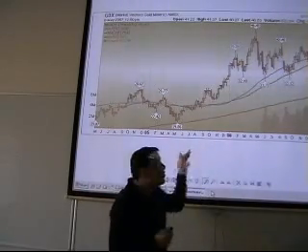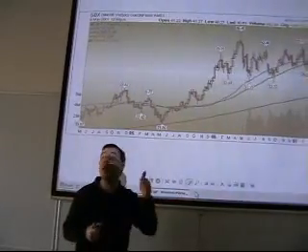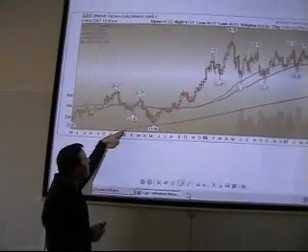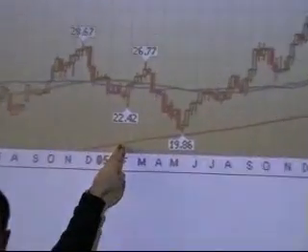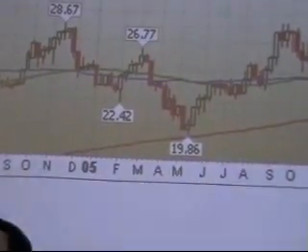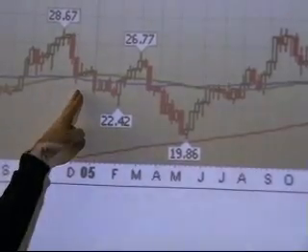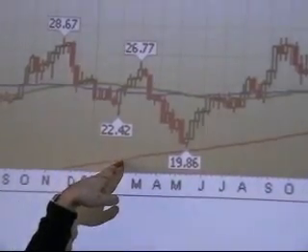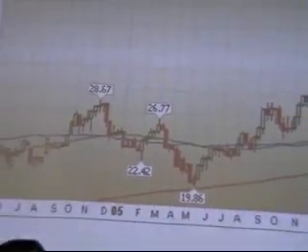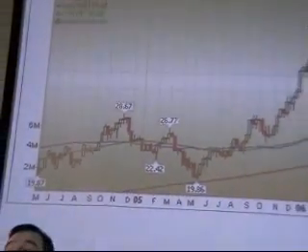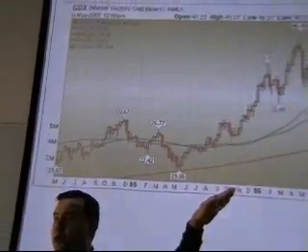So, moving average means the following. If the 200-day moving average is moving upwards, that's number one, and the price is above the moving average, then you are in an uptrend. So, you had an uptrend line, that's one indicator of a bull trend.